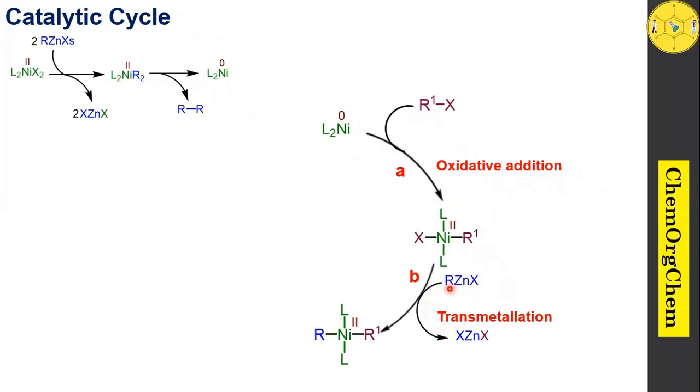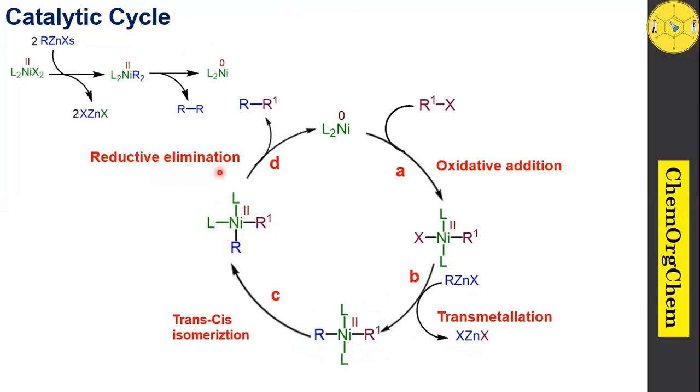Here you see the R group transferred to the nickel metal, and at the same time X transfers to the zinc to produce the corresponding byproduct along with this nickel(II) complex. After that, it quickly undergoes trans-cis isomerization to produce the corresponding complex, which then readily undergoes reductive elimination to produce the carbon-carbon coupling product.